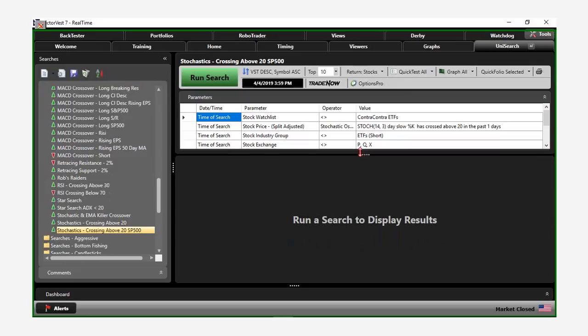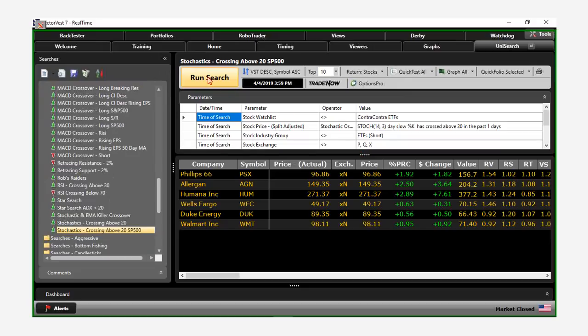So we went through, I don't know how many stocks, and we couldn't find any in the S&P 500. I just clicked on Run Search, and it filtered through the entire 500 stocks in the S&P 500 to only find 6. Now, you could have gone through 500 charts and only found 6. That's kind of frustrating. But with the Unisearch tool, it's a much easier, much faster way to go about finding your trades. Okay?